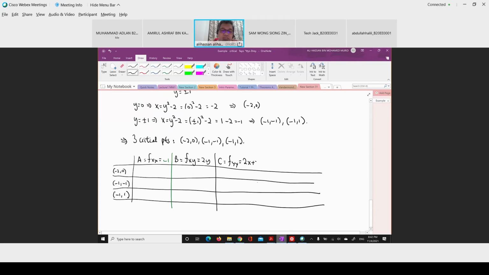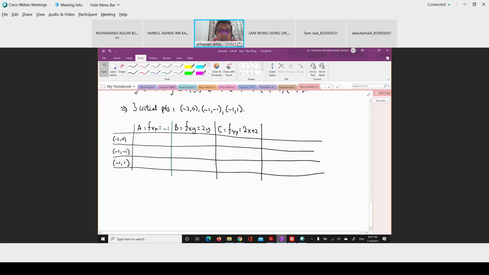And for the last column, we want to calculate what? AC minus B squared. For the first critical point, minus 2, 0, these are all constants for any x, y. What about B?